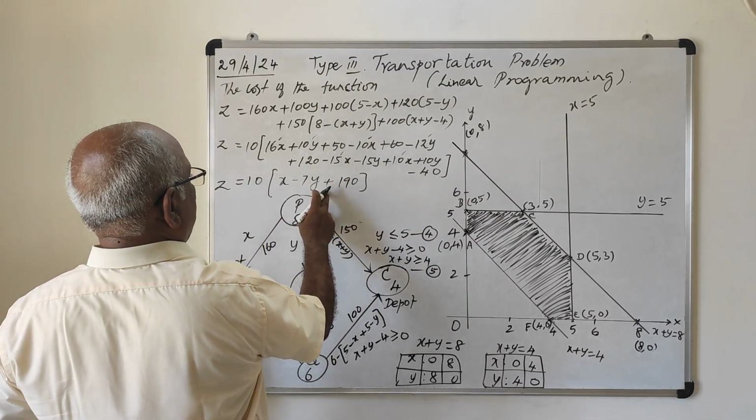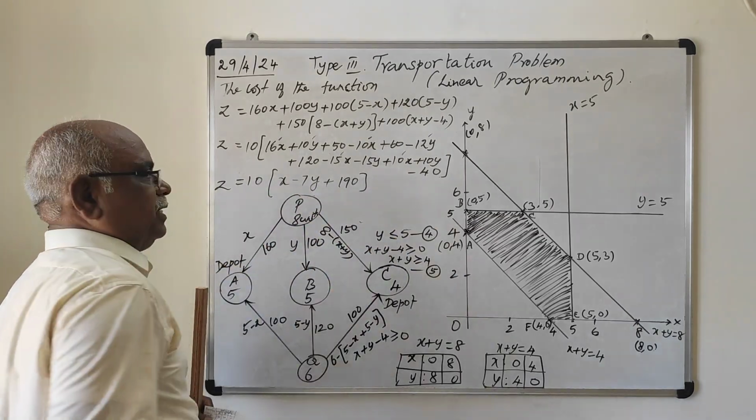So Z equals 10 into x minus 7y plus 190 is the minimum cost function.